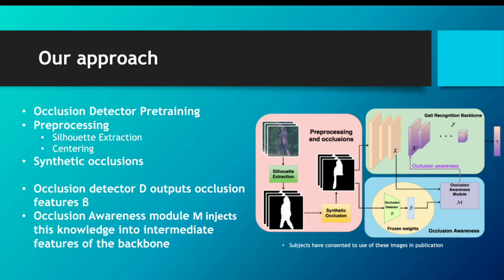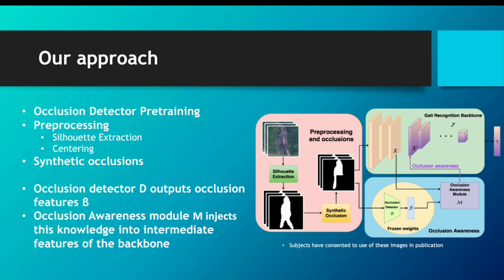So this is the overview of our gait recognition pipeline. We obviously train the occlusion detector as a pre-training step. Then we extract silhouettes from the RGB video, we perform centering, cropping, and then we also apply synthetic occlusions. Now, this synthetically occluded video is sent both to the gait recognition backbone and the occlusion detector.